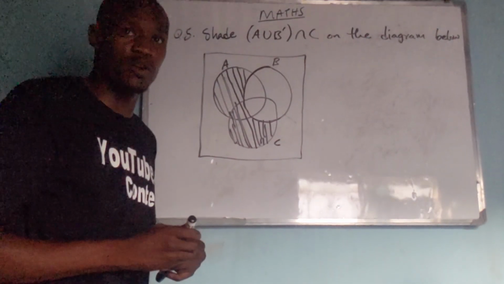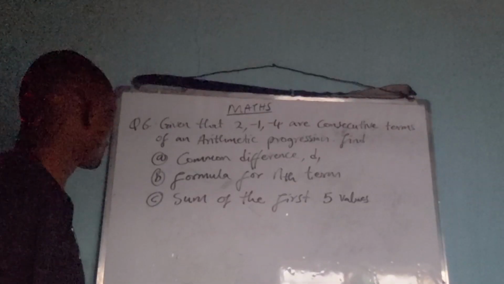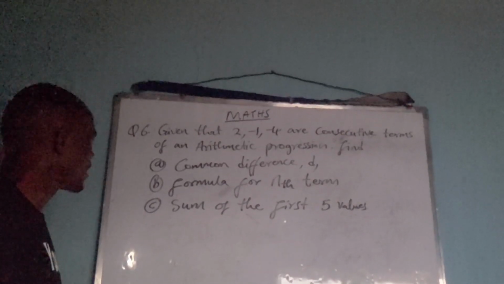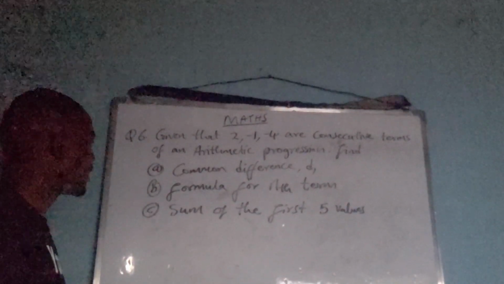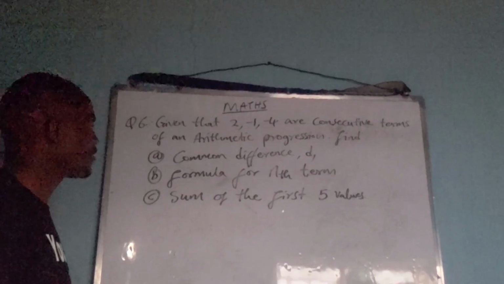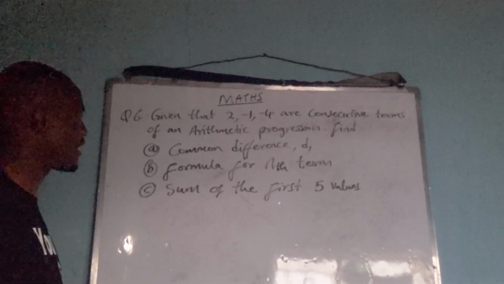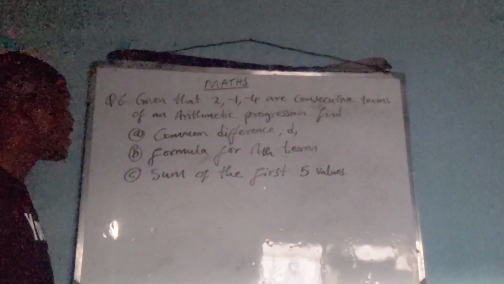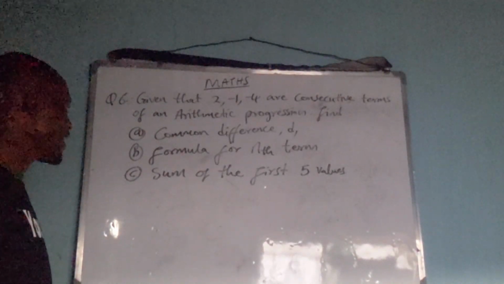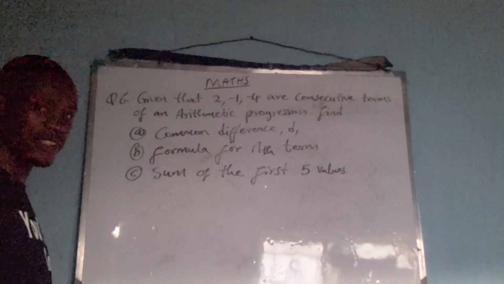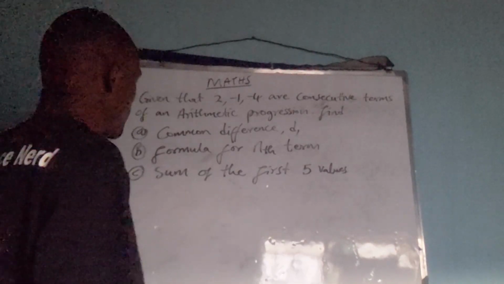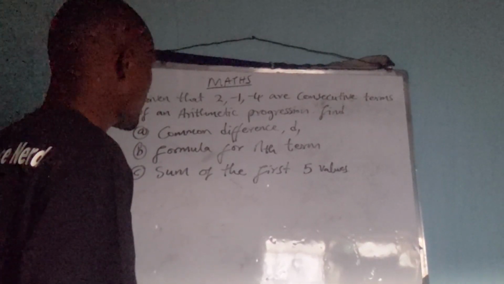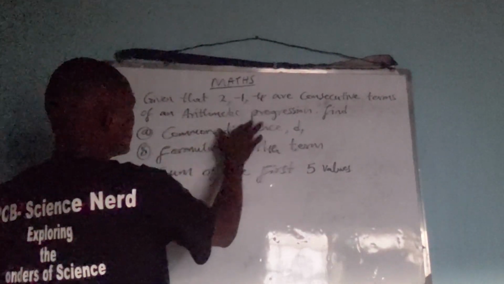Let us dive into another question. Given that 2, -1, -4 are consecutive terms of an arithmetic progression, find the common difference. How do we find the common difference? Remember, they are saying it is an arithmetic progression.